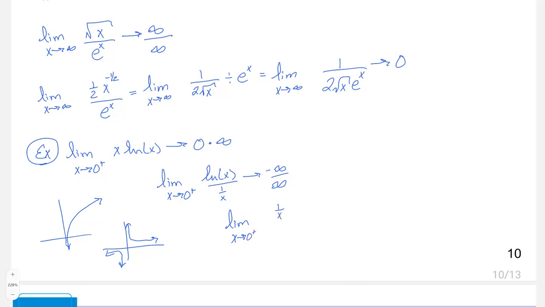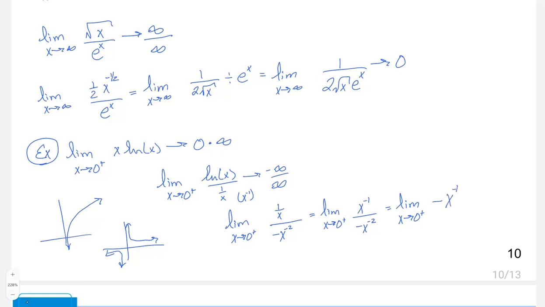The derivative of ln of x is 1 over x. And then I could rewrite this. This is really x to the negative 1. So I'm going to write it as negative x to the negative 2. We're going to have to manipulate this. Negative divided by negative is a negative, and we subtract the exponents.